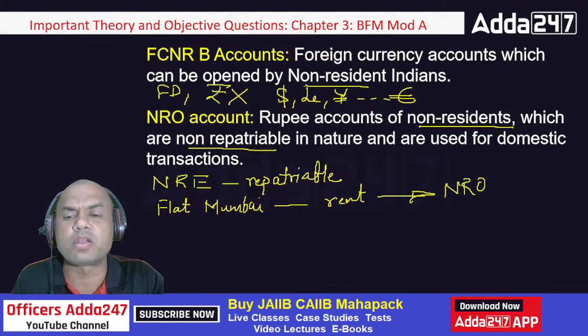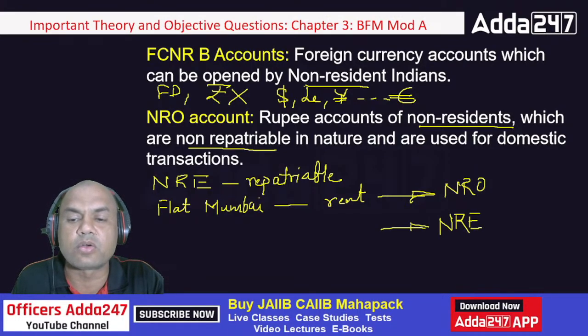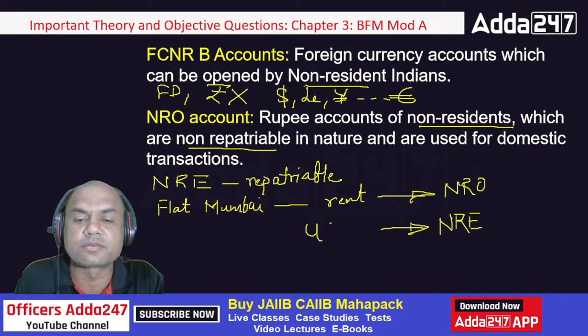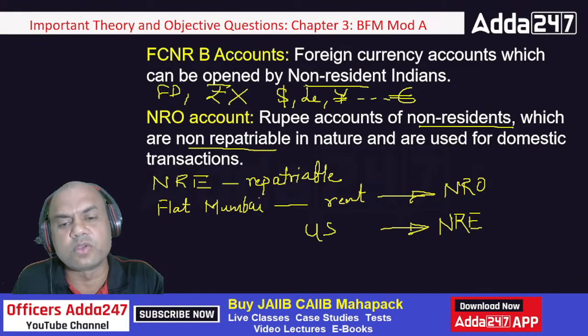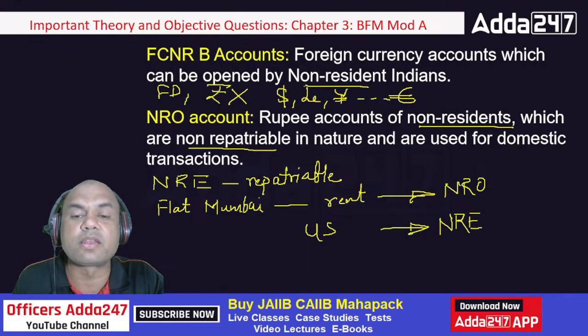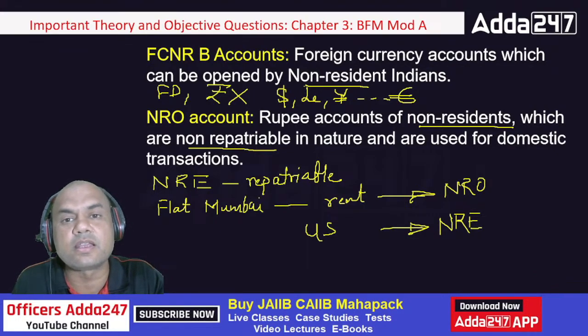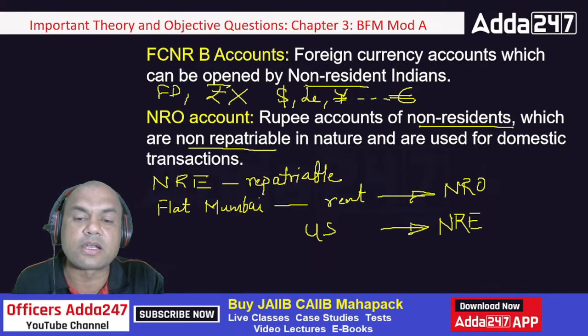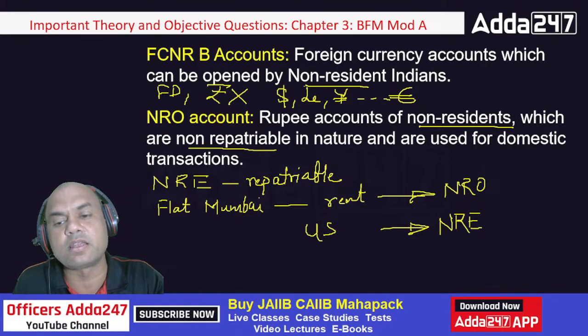And what is the NRE then? I'll credit into that account only those funds which I have earned in the US, not only the US, any country other than India. Whatever is generated in India will be credited in this NRO. Whatever is generated outside India will be credited in NRE.